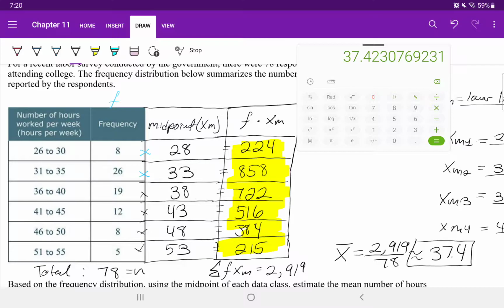So a total of an estimated average of 37.4 hours a week that college students work. Basically, a full-time job. And that is how you find the mean of a grouped frequency distribution.